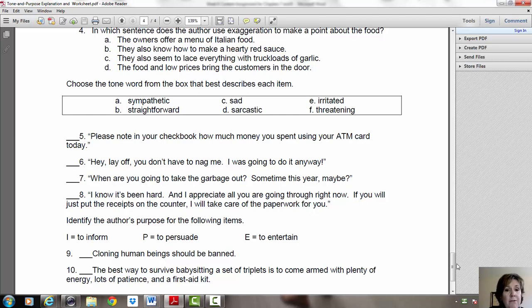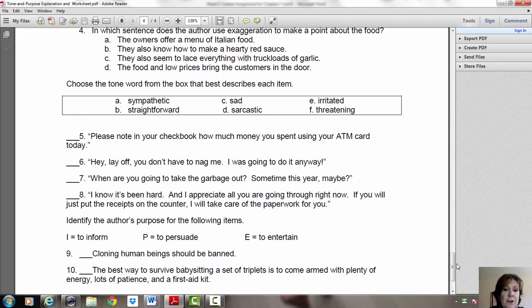"Hey, lay off. You don't have to nag me. I was going to do it anyway." So which one would that be? Look at all your choices. Sympathetic, straightforward, sad, sarcastic, irritated, or threatening. Sounds pretty irritated to me. He was irritated that he was being nagged.